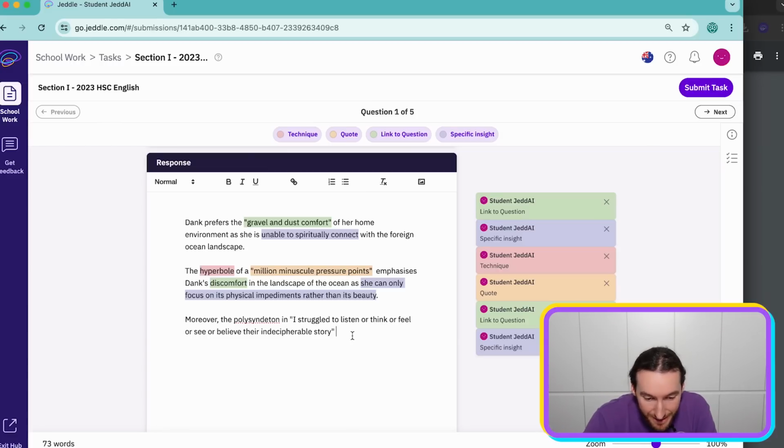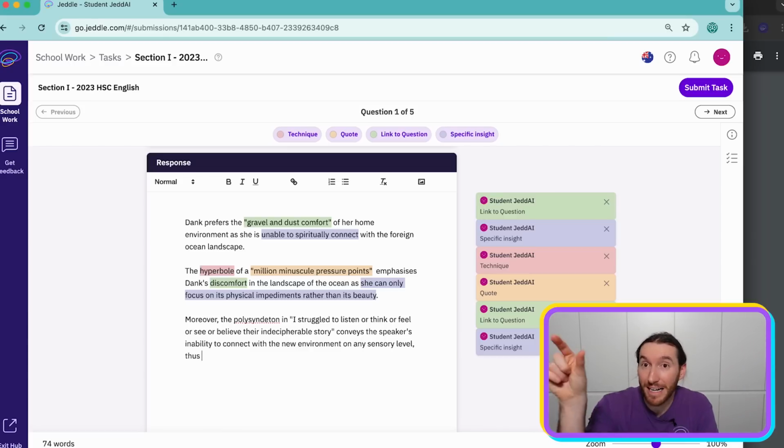So the polysyndeton here conveys the speaker's inability to connect with the environment, with the new environment, on any sensory level.